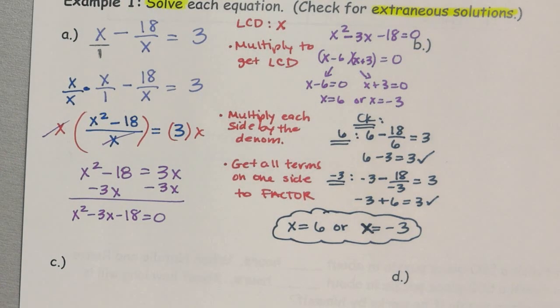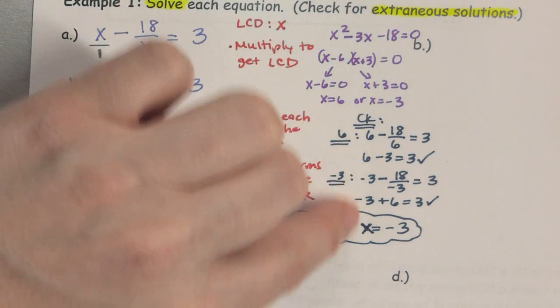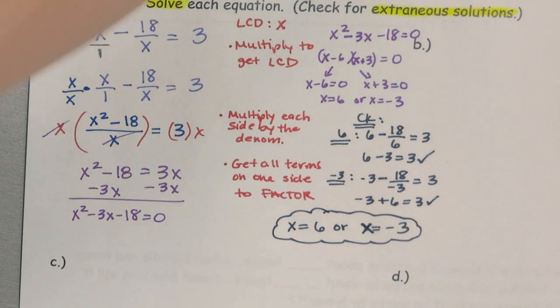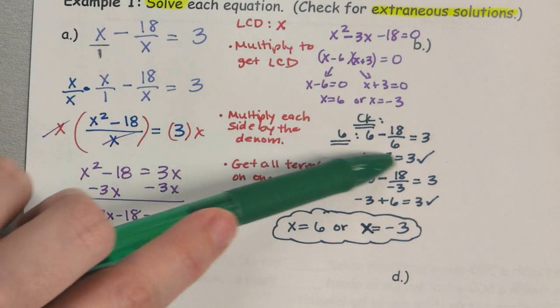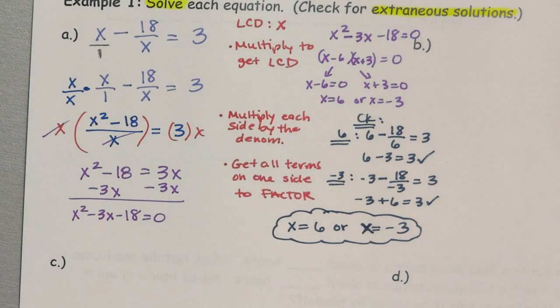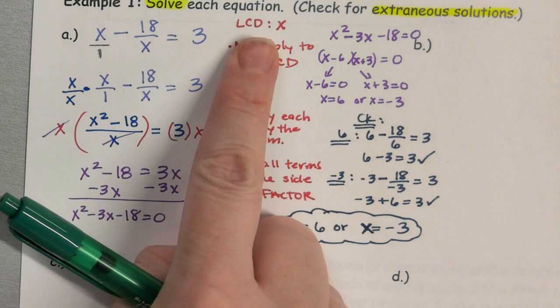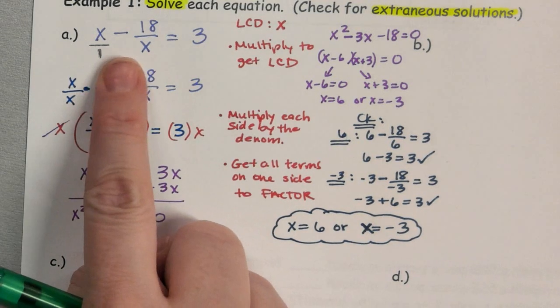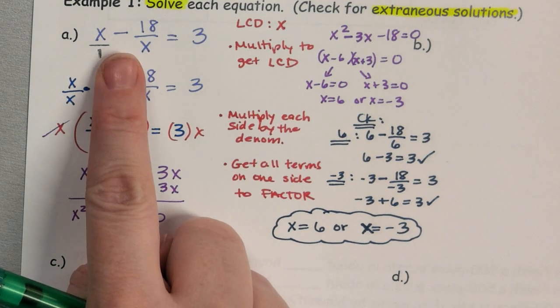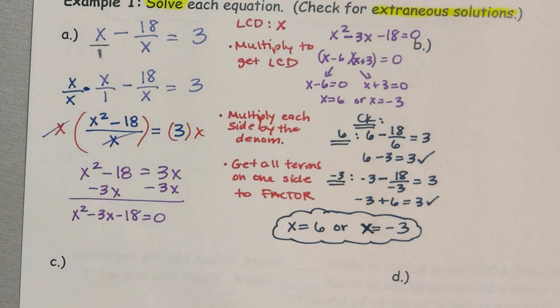Now, here's a clue, before you even plug it back in, to know if those are going to work or not. This is the check where you make sure that your answers are correct. But remember that the LCD is the denominator. If you have a fraction, what can x not be?